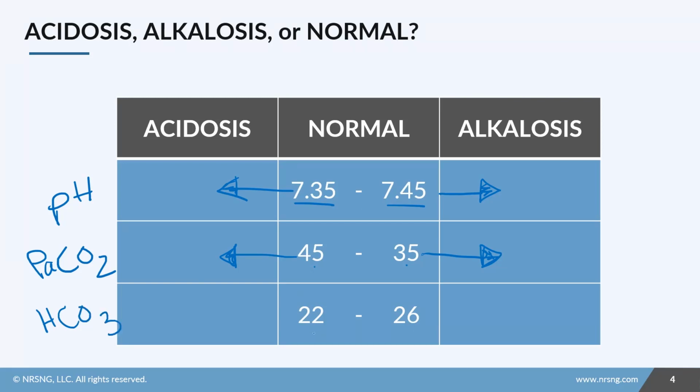And I've heard people say things like, oh, these are the best years of your life. So that's how you can remember these numbers. Remember, bicarb equals base, so less than 22 is going to equal acidosis, and greater than 26 is going to equal alkalosis. So when you get your results, the very first step is always to figure out what is abnormal.